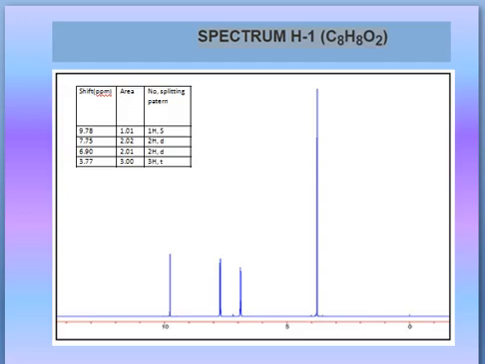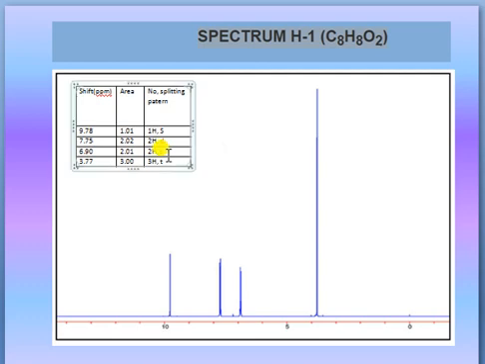See this one: 9.78, one peak with intensity 1.01, a 1H singlet. Then at 7.75 there are two protons, which are definitely aromatic protons, a 2H doublet. At 6.90 there are another two protons, also a doublet.